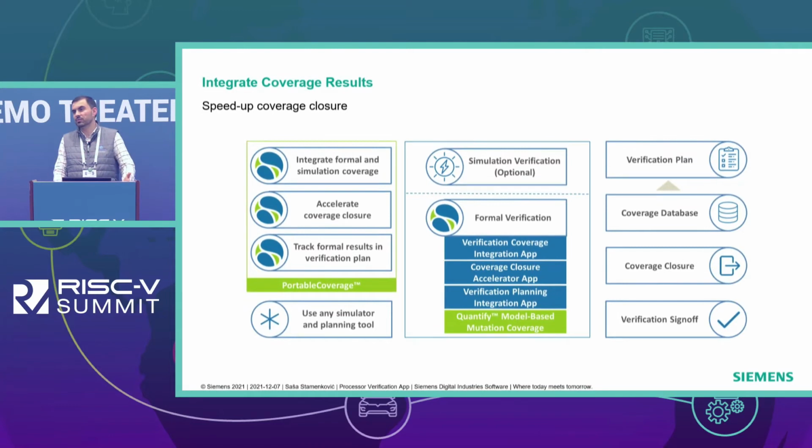Whatever your favorite simulator is, you can export the results from OneSpin into the favorite database in your simulator, and you can increase the coverage by running formal and moving on with simulation in the later phase. So that's how you can nicely combine simulation and formal all together.